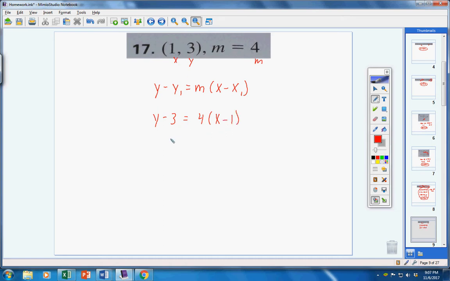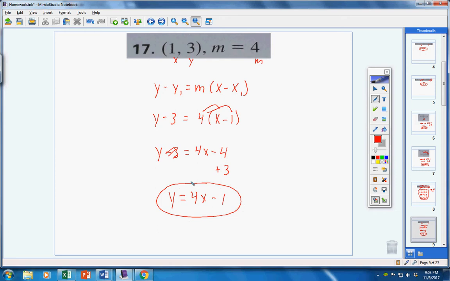And now let's get y by itself. y minus 3 equals 4 times x, which is 4x, and 4 times negative 1 is negative 4. Now, bring the negative 3 over, make it a positive 3, and we're left with y equals 4x minus 1. Alright?